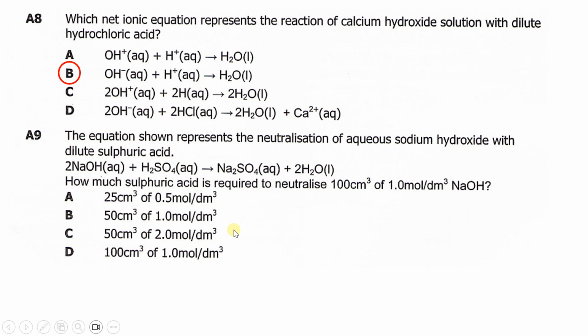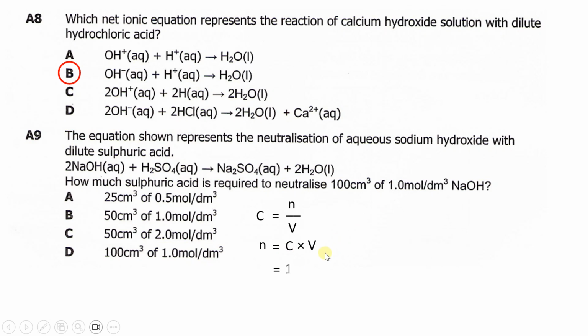So now for you to answer this one, you have to convert 100 cubic centimeters into decimeters and then find the number of moles. Number of moles can be found from this formula: concentration is equal to number of moles over volume. Make number of moles the subject of the formula, so number of moles is equal to concentration times volume.